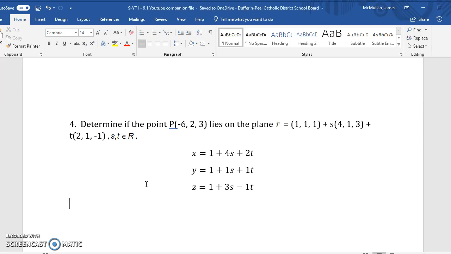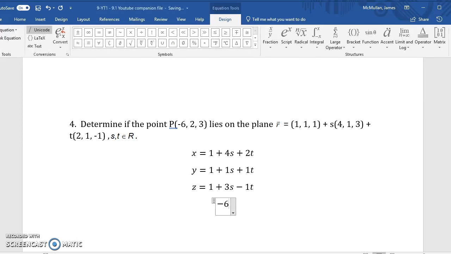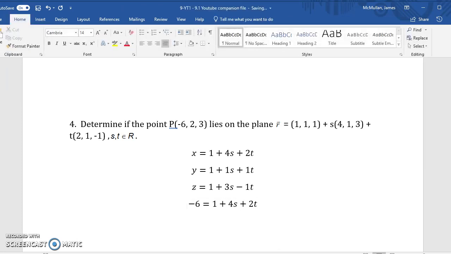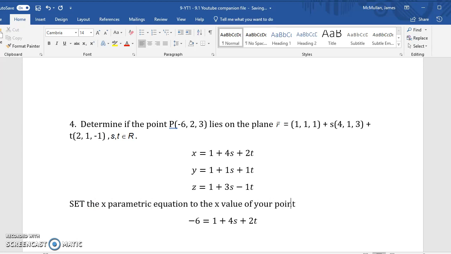So let's do our first equation. -6, which is the x coordinate, is equal to 1 plus 4s plus 2t. Okay, first set the x parametric equation to the x value of your point.